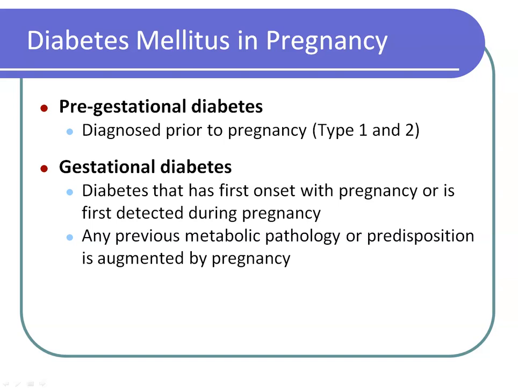Any previous metabolic pathology or predisposition is going to be augmented by these normal metabolic changes and put stress on a woman, and it may be enough for her to develop gestational diabetes.